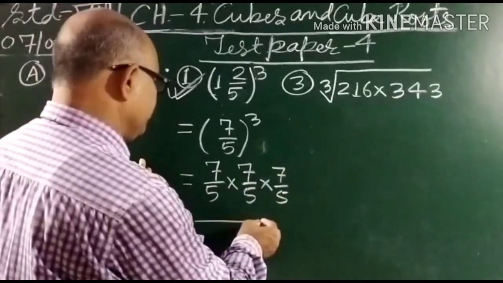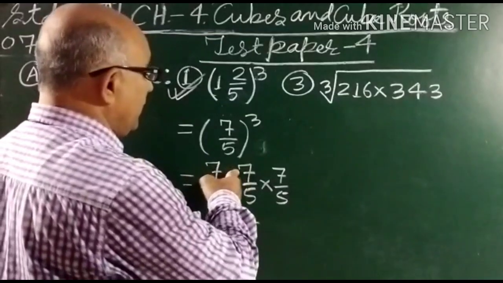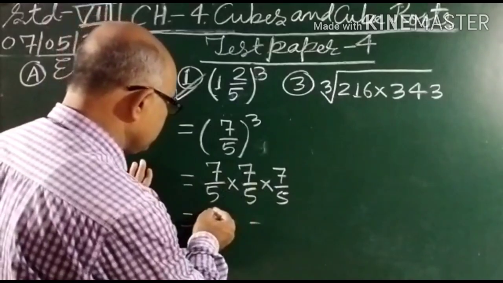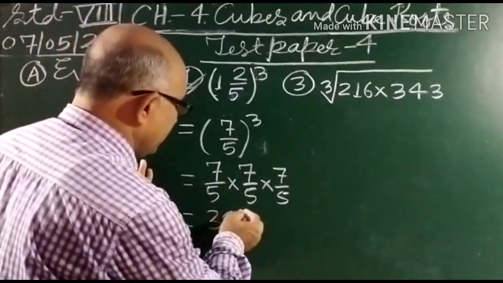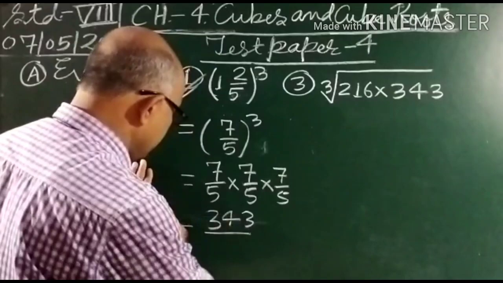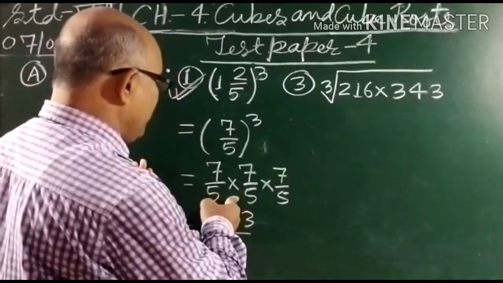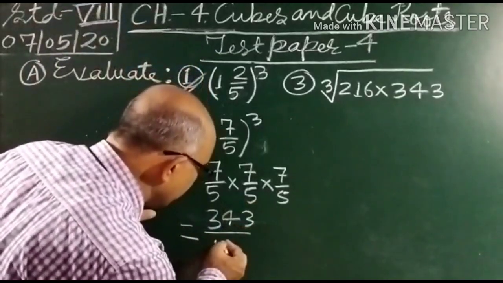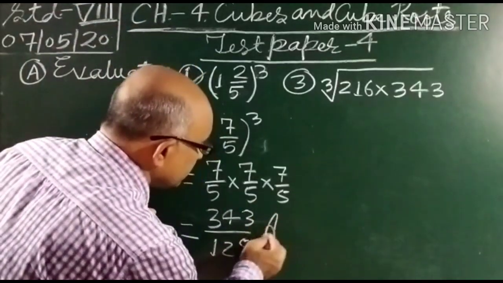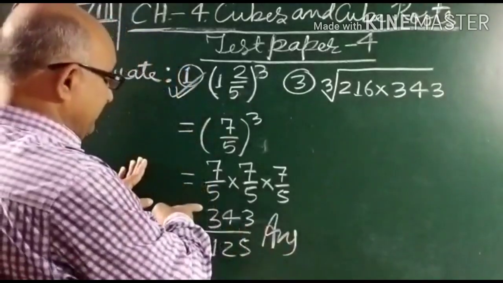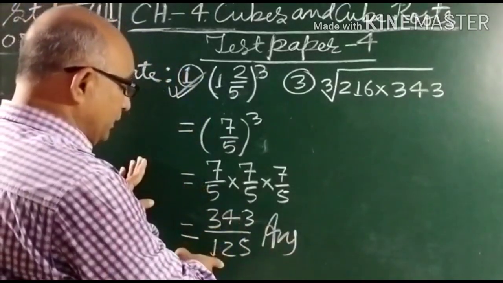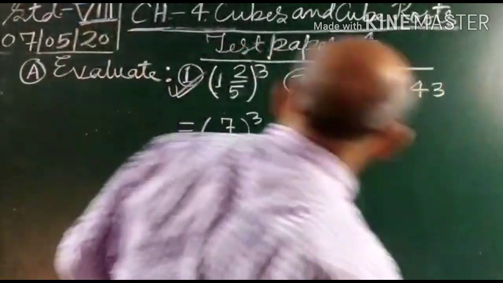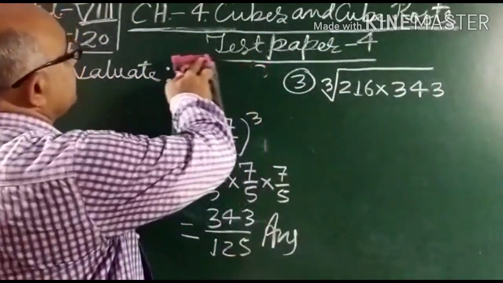Multiply them: 7 7s are 49, and 49 7s are 343. 343 by 5 5s are 25, 25 5s are 125. So 343 by 125 is the answer of the first question. Now clean it.